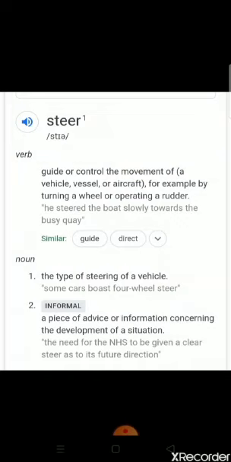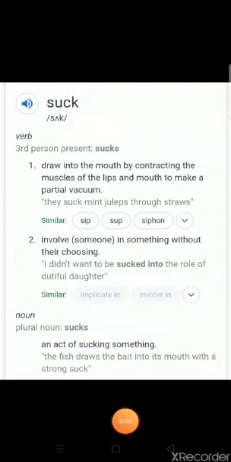She sucks a tube to make the boat go left and blows into another tube to make it go right. See how she was operating. So see the word sucks. What is the meaning of suck? Sucking: drawing something into the mouth by contracting the muscles of the lips and mouth to make a partial vacuum.